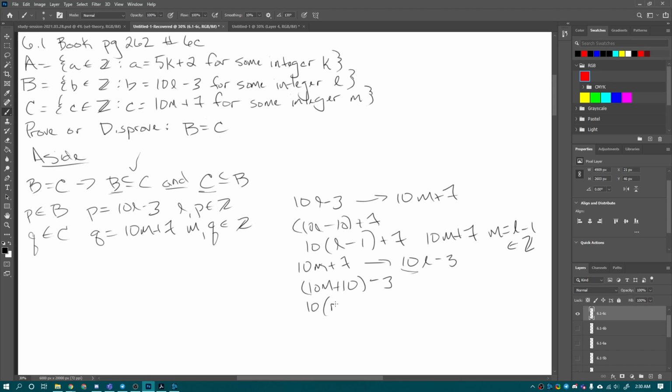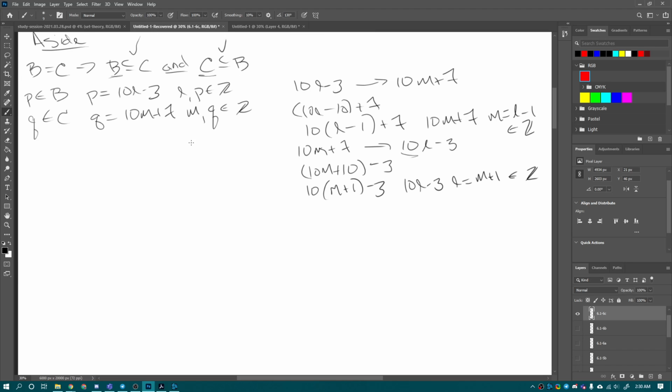That's equal to 10 times the quantity M plus 1 minus 3, which is equal to 10L minus 3, where L is equal to M plus 1, an integer. So we can prove that C is also a subset of B. So ultimately, we're proving that B is equal to C.